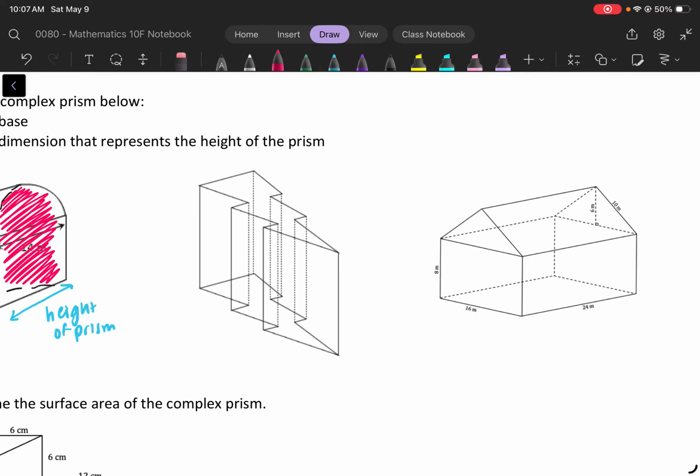Welcome back. Okay, so when I take a look at this one, it's a regular shape, for sure. And it looks like a lightning bolt. This lightning bolt would be considered the base because there is an identical and parallel lightning bolt at the bottom of my shape, the way that it's oriented right now. And so these would be the bases, and then the height would be the distance connecting my top lightning bolt to that bottom lightning bolt.